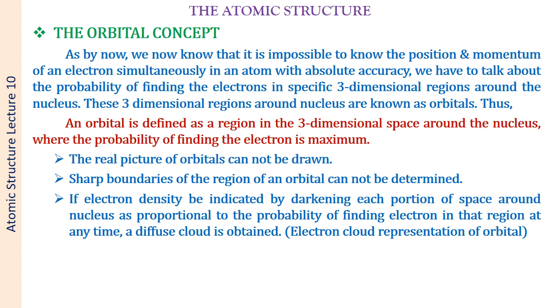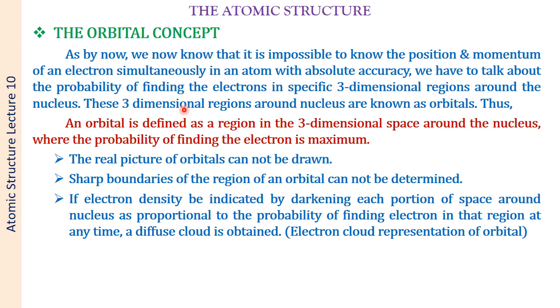Now, having understood that psi square gives us the probability of finding an electron in three-dimensional space, we come to the next important term that you have to understand: what is an orbital. By now we know that it is impossible to know the position and momentum of the electron simultaneously with accuracy, and we have to talk only about the probability of finding the electron in a specific region.